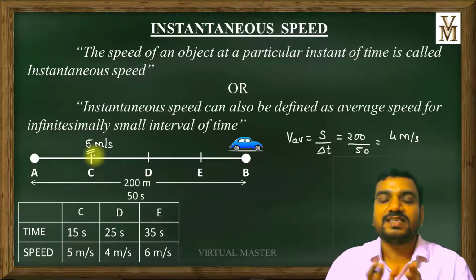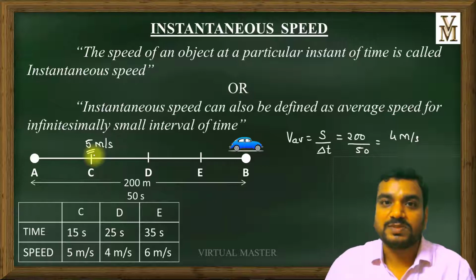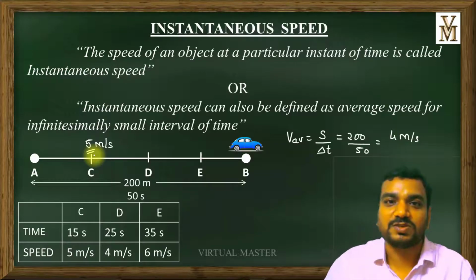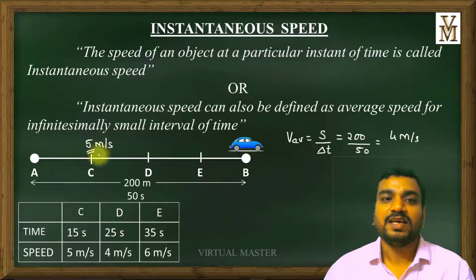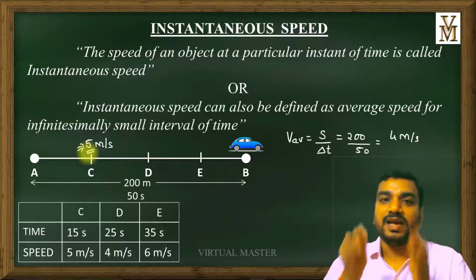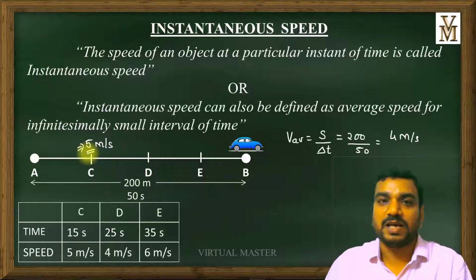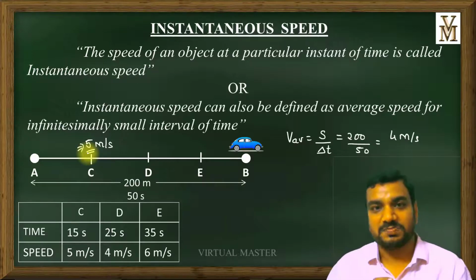That means instantaneous speed of an object is nothing but speed of the object at a particular instant of time. Okay, here the speed of the car at 15th second is how much? 5 meter per second. Okay, at a particular instant of time the speed of the car is nothing but instantaneous speed.